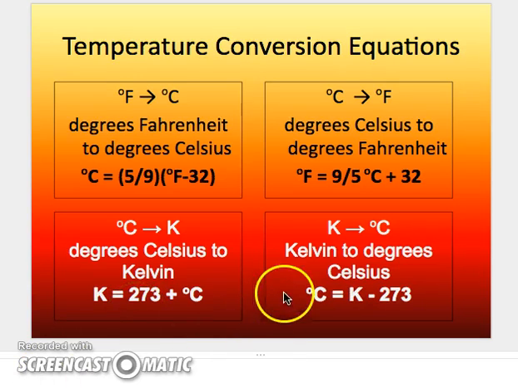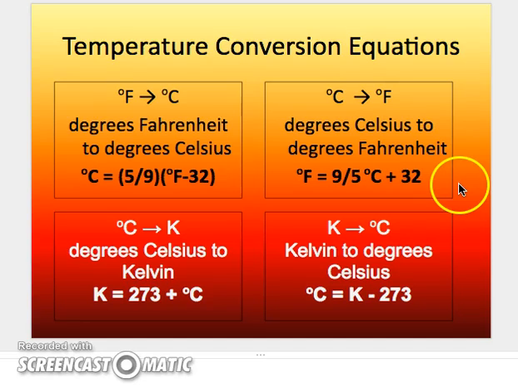And then to go from Kelvin to Celsius, if we're given the Kelvin temperature and we wanted Celsius, we would subtract 273. Now, if we wanted to go from the Kelvin scale to the Fahrenheit scale, what we would want to do first is convert Kelvin to Celsius using this scale.